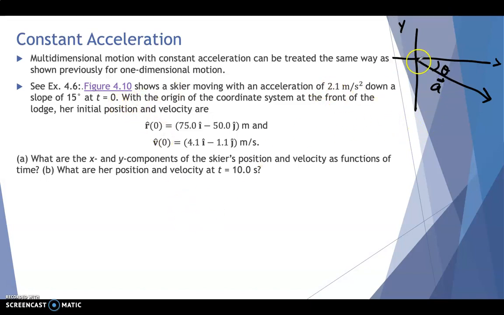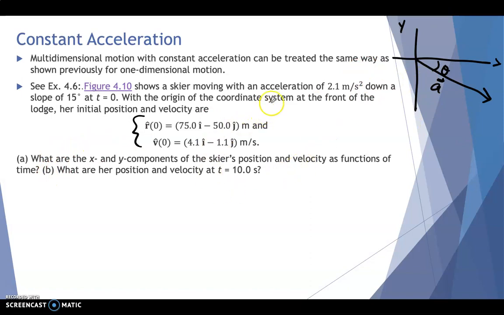This is the origin of the coordinate system, her initial position and velocity are described here. Okay, so we're going to use these in order to find our x and y velocity components and position components, and that's what we're going to look for in part A. Okay, so the x and y components of the skier's position and velocity as functions of time.